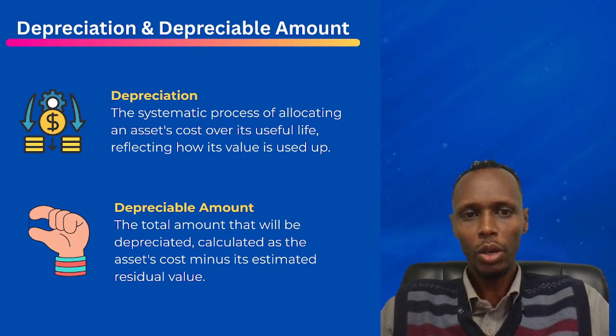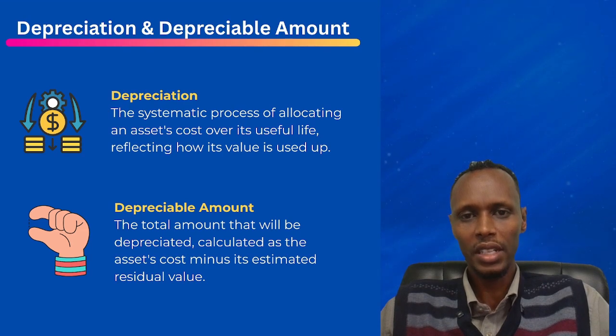When we talk about depreciable amount, what does it mean? If you take the cost of that asset and subtract the residual value, the amount that will remain, you get the depreciable amount, the amount that can be depreciated.